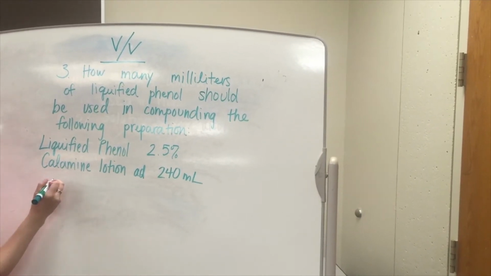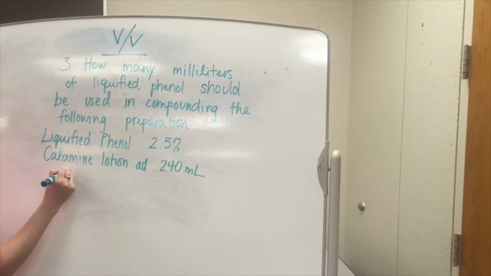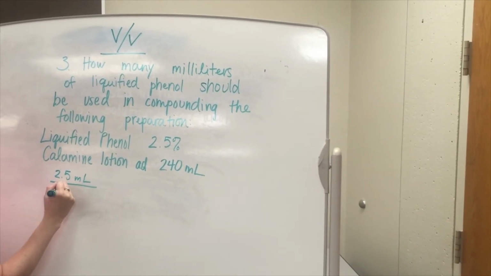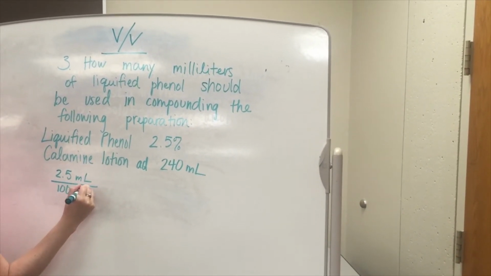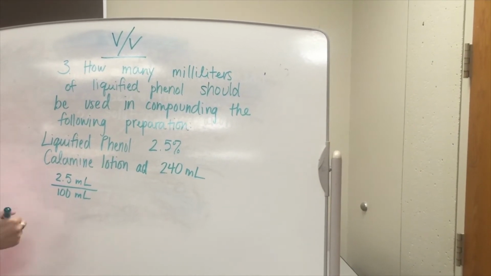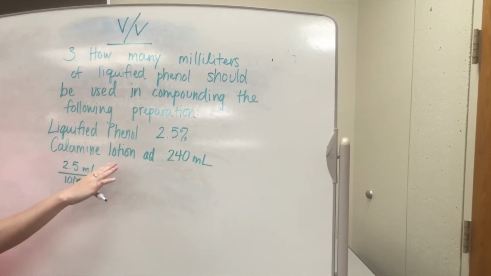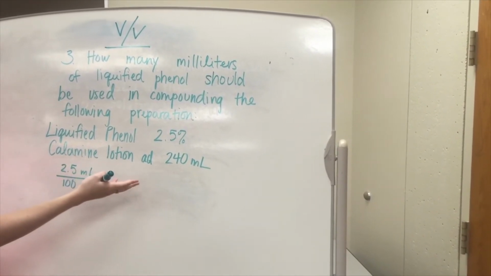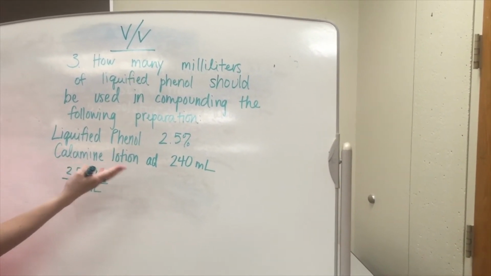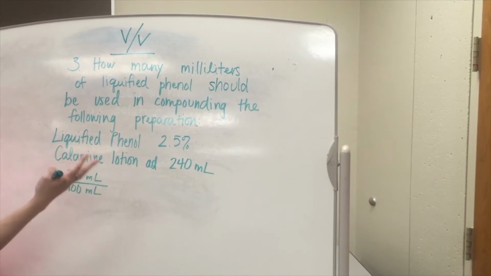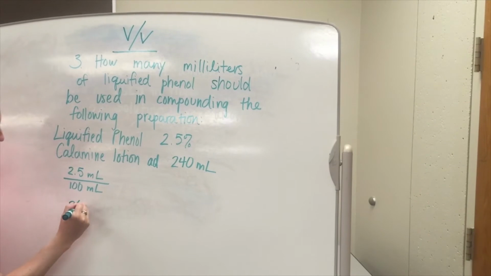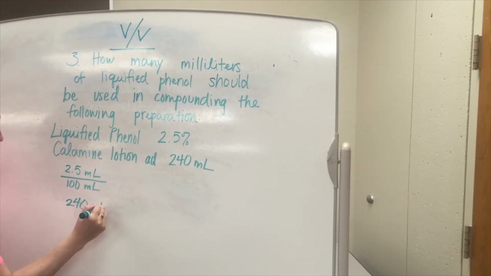So we're given our percentage as 2.5 milliliters per 100 milliliters of liquefied phenol. Then we're given calamine lotion, and this AD means add up to 240 mLs. So 240 is going to be our final volume. So we have 240 milliliters.